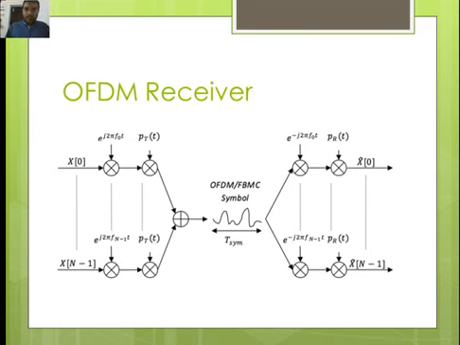Now at the receiver we need to first separate one subcarrier from the other for symbol extraction. So we multiply the received signal y of t by the conjugate of the subcarrier that we want to extract, by the fact that subcarriers are orthogonal to each other.